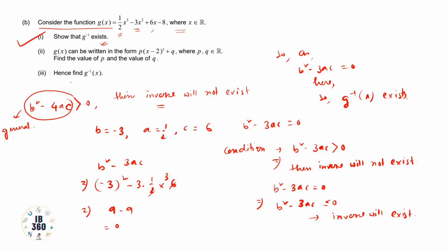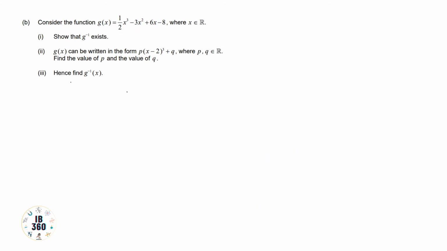Okay, now we will move toward the next problem, that is, g(x) can be written in the form p into (x minus 2) whole cube plus q, where p and q belong to R. First we will elaborate this. Just see, p into (x minus 2) whole cube plus q here.